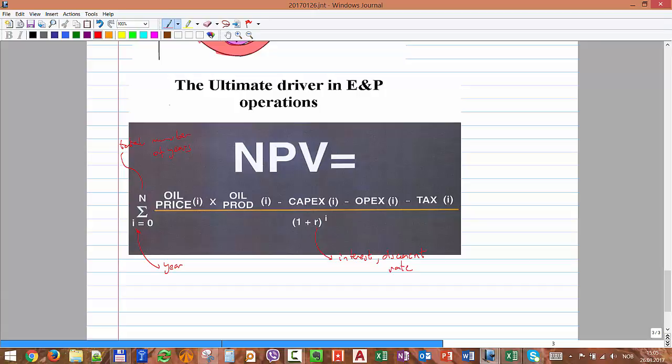We like our column description, but at the end, if you want to compound everything in one formula, that's how you do it. And the revenue is this part, oil price times oil production. We can add plus gas production times gas price, so here it should be more complex.